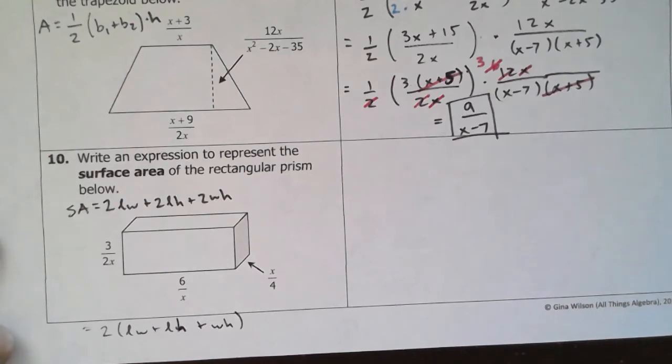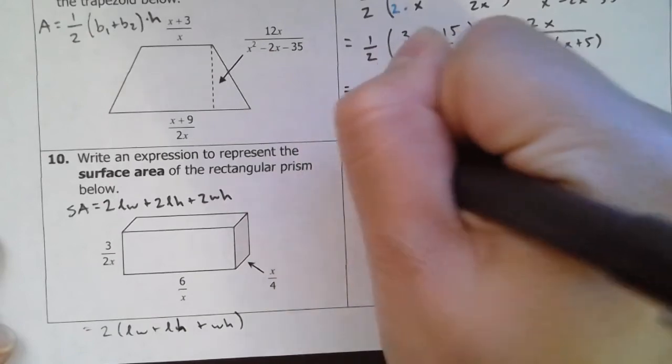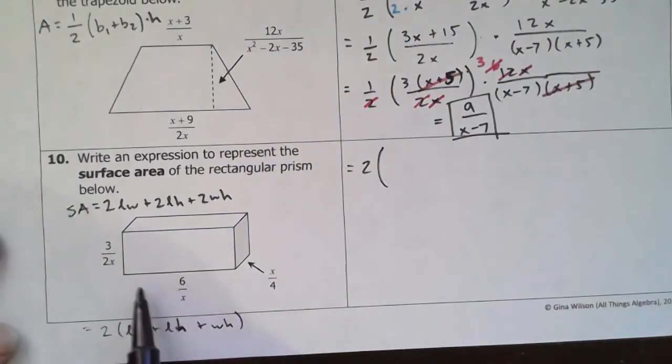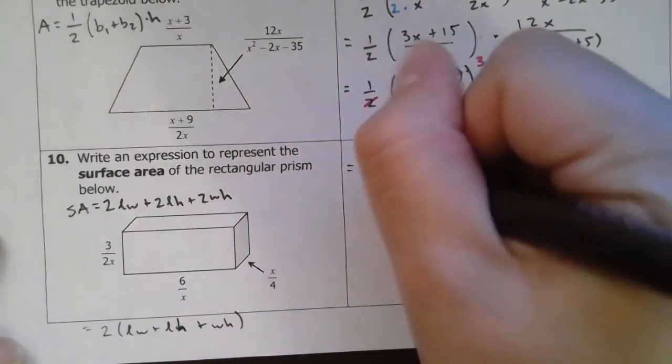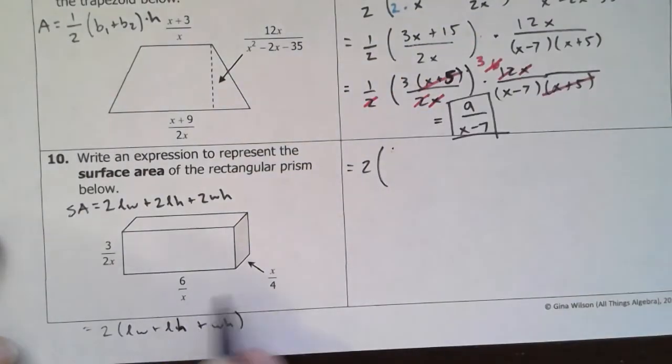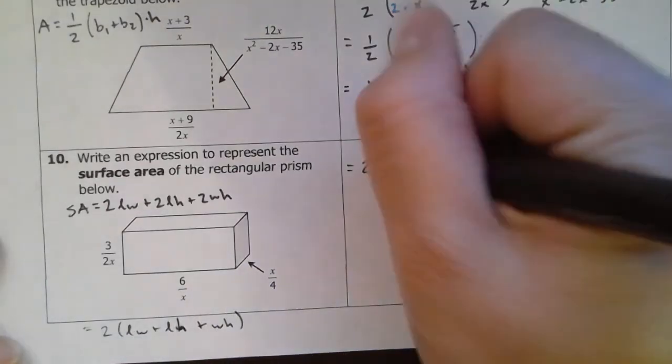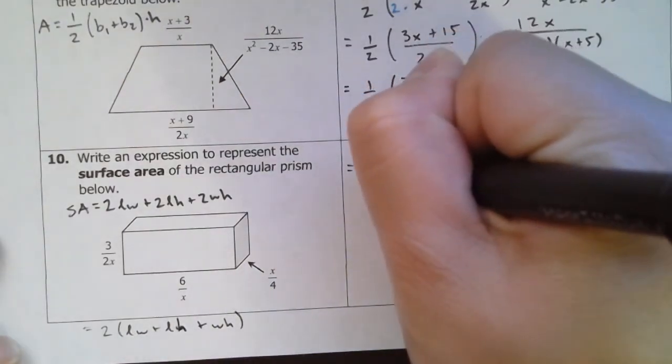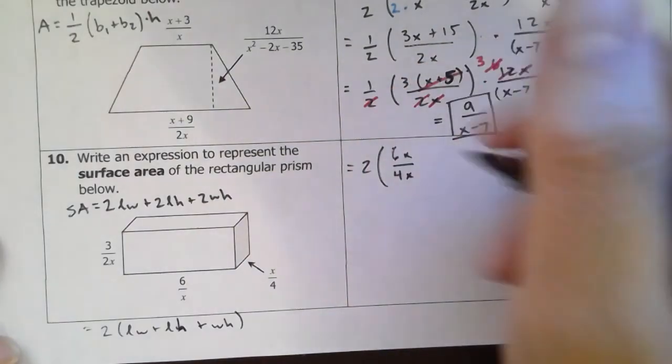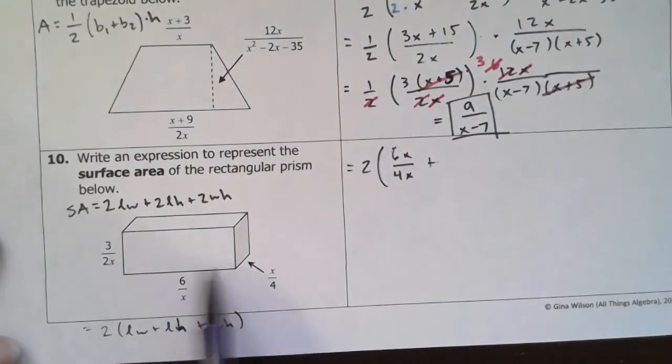So 2 times length and width. So here's length, there's width. To save space, I'm just going to multiply each thing out. So length times width, 6x times x plus 4. I'm getting 6x over 4x plus length times height.